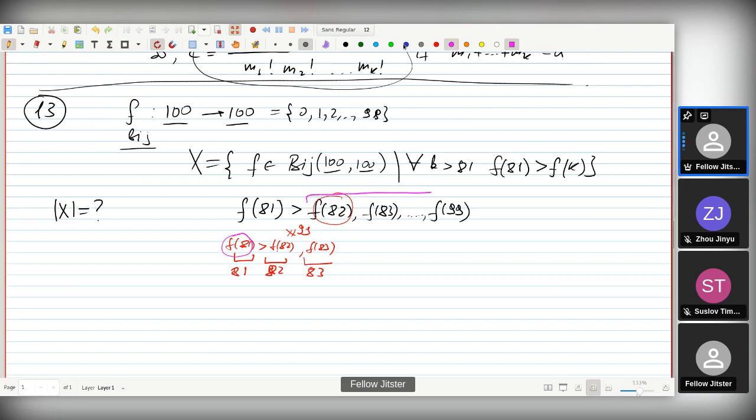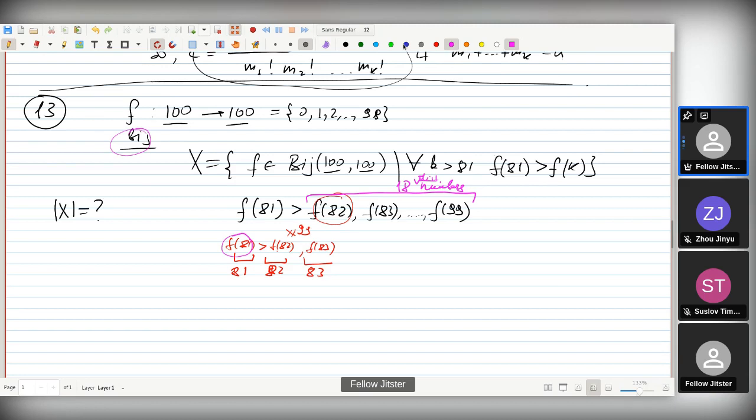By the way, how many numbers do we have here? How many positions? 18. Here we have 18 numbers, which are pairwise distinct. Why are they pairwise distinct? Because this was a bijection. Is it clear? So f of 81 must be greater than some 18 numbers.